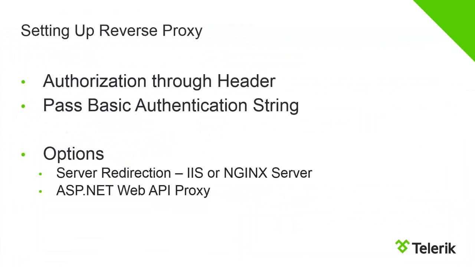Two options: you can do a server redirection, meaning you can create an IIS website and create a pattern and say, hey, any request that you get, please forward it to SAP, and let the client get the data back directly from the SAP URI. Or you can use Nginx servers or IIS server and redirect that. Or you can do the ASP.NET Web API proxy that I showed you. Those are the two options.